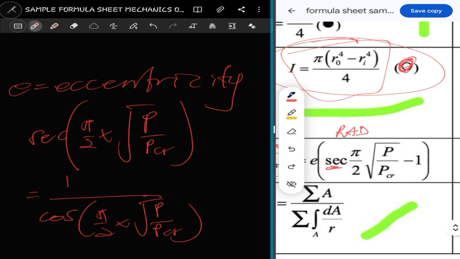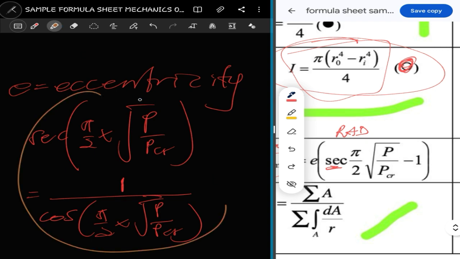These two are the same, just that sec is the reciprocal of cos.